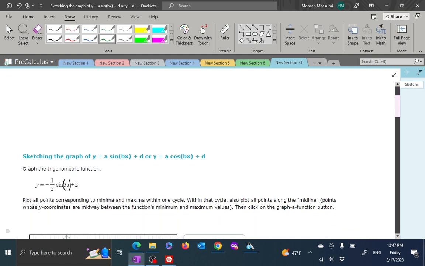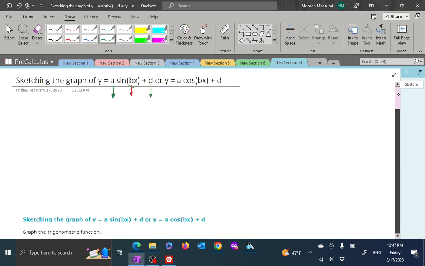So here we have, for example, sine of 3x. 3 is going to change the horizontal events in the x direction, and then this number is going to change the vertical look. Also, this one is going to affect the vertical look. As usual, you have two ways of handling these problems.